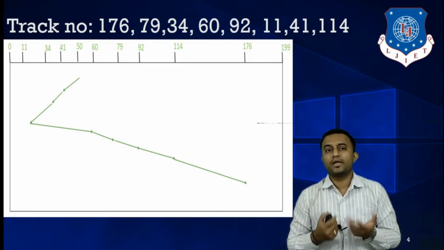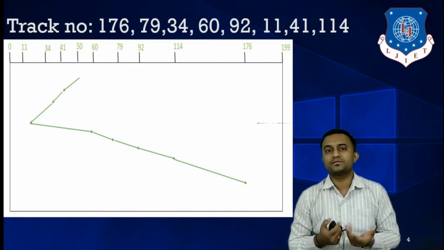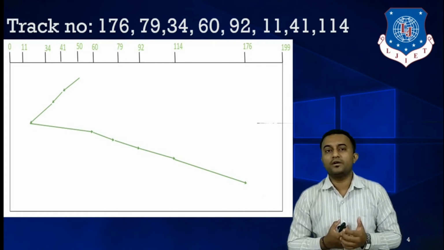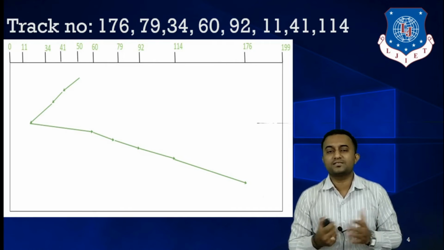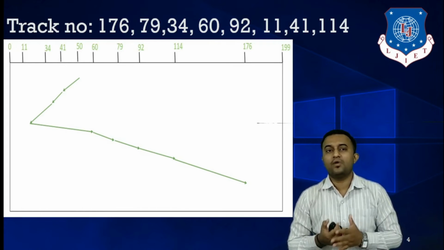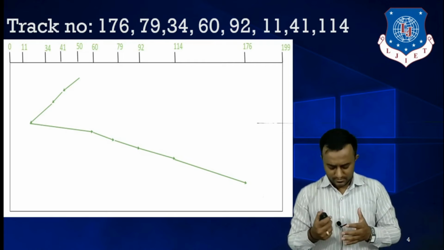Again you need to calculate which request has the shortest distance among the remaining requests. The current head position right now is 34. So 34 minus 11, if you calculate, is definitely the shortest as compared to the other ones. So 11 will be picked for execution, and now the read-write head is located on track number 11. Now what will happen in this case?